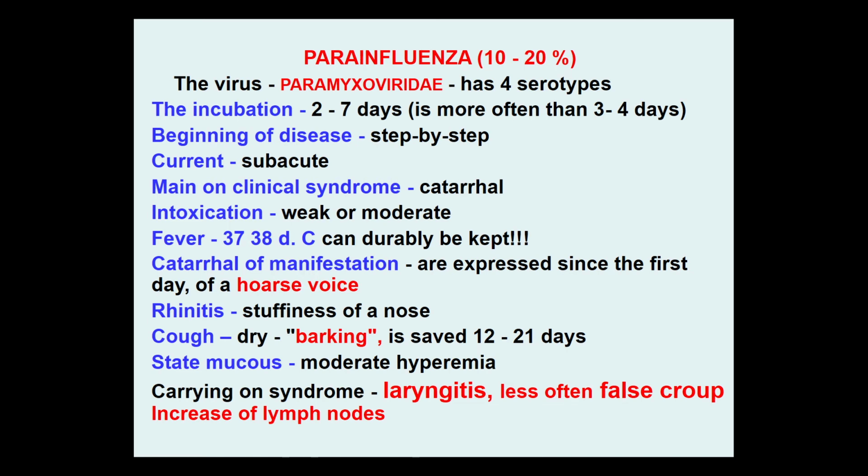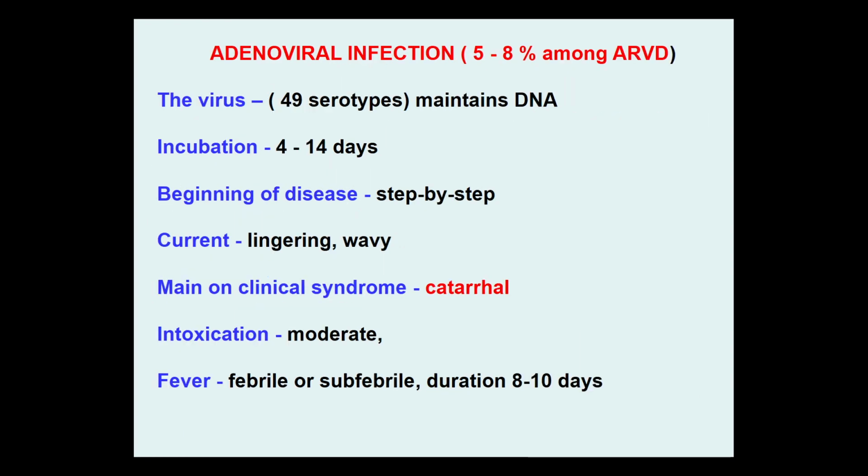Catarrhal manifestation is expressed since the first day, hoarse voice is present, rhinitis, stuffiness of the nose, dry barking cough for 12-21 days, maybe for a long time, 3 weeks is long. Moderate hyperemia of mucous membrane. Leading syndrome laryngitis, less often false croup, increase of lymph nodes.